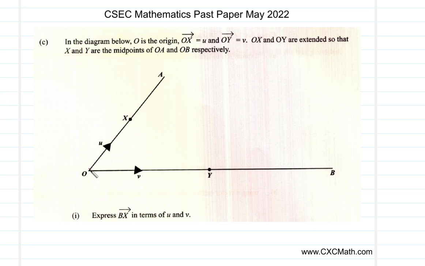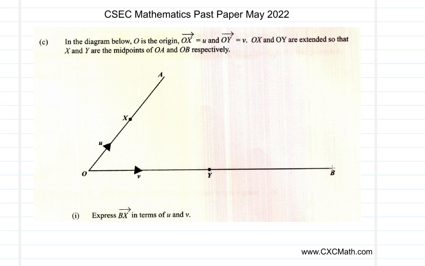OX and OY are extended. See the extension here. So that X and Y are midpoints of OA and OB respectively. So X is halfway between O and A, and Y is halfway between O and B. Express BX in terms of U and V.